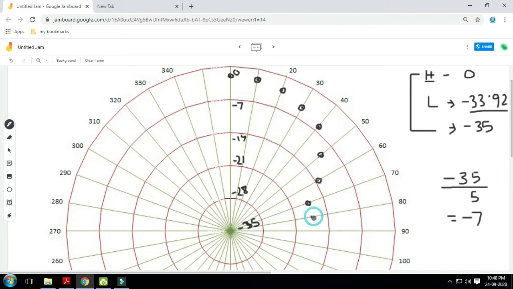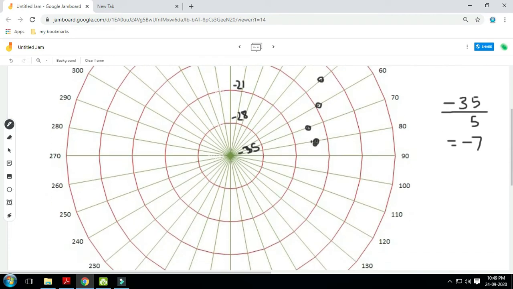Before that we can put our reading, that is minus 15.92. So 15.92 is between 14 and 17. So you can put your reading exactly here. It is before 17. So I just put my reading before 17. So that is 15.